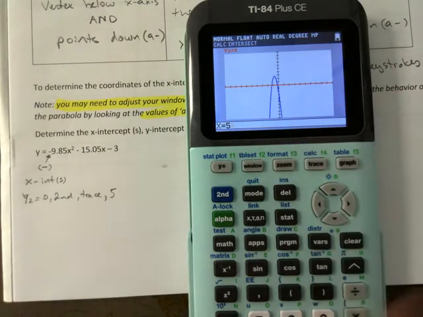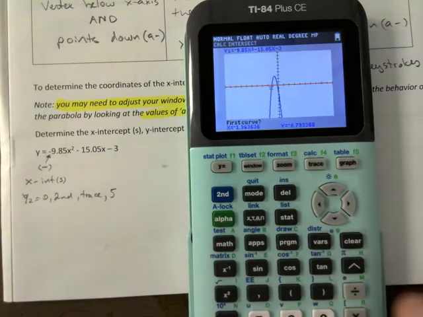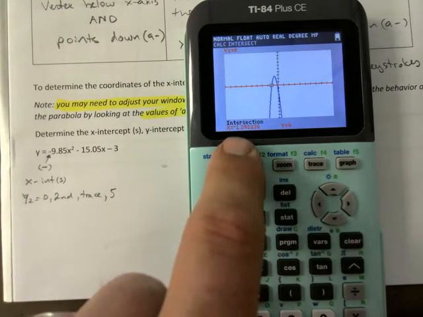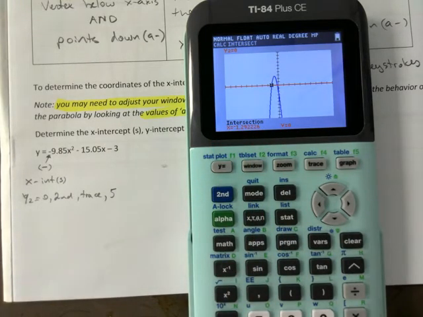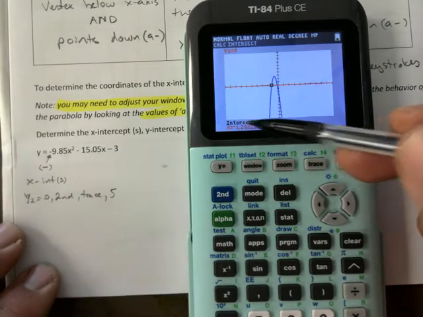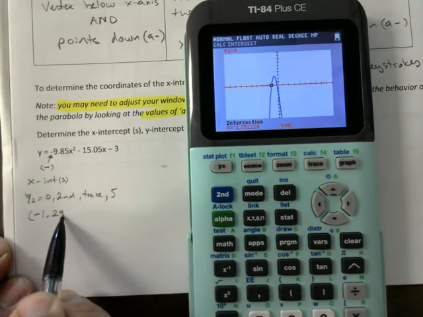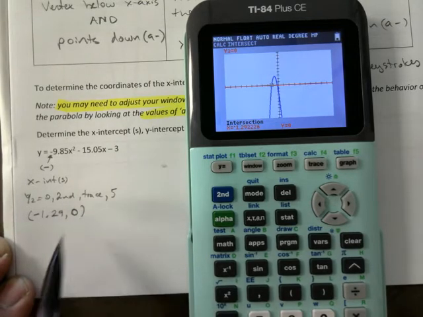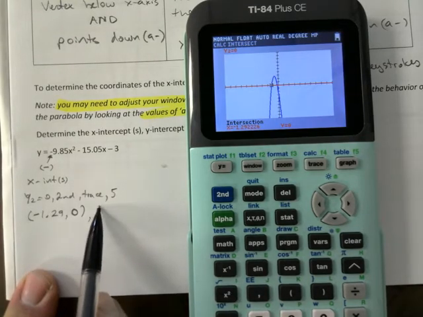Once you type something and you erase that, I'm going to go second trace 5, hit enter, enter, enter again until I see that heading again, intersection. And so that intersection is negative 1.29. You write that down, you round it to 2 decimals, and we expected y to be 0, right? Because it's an x-intercept. And let's go ahead and find our second one.